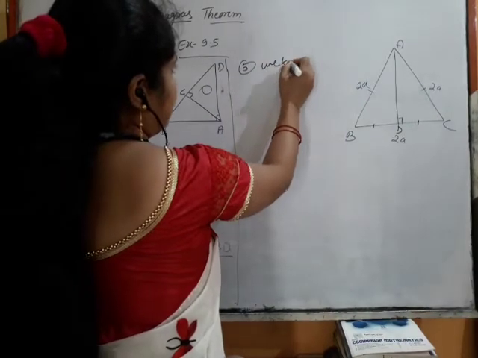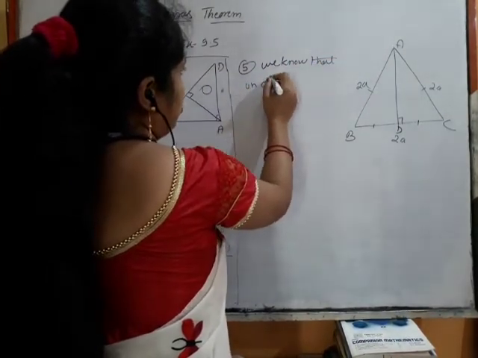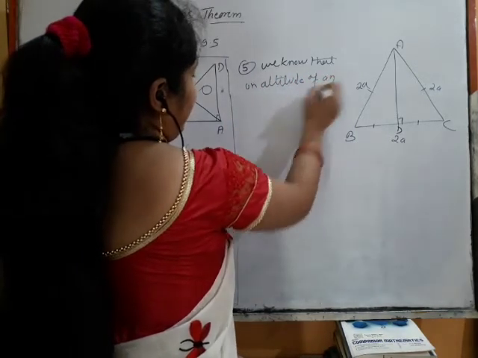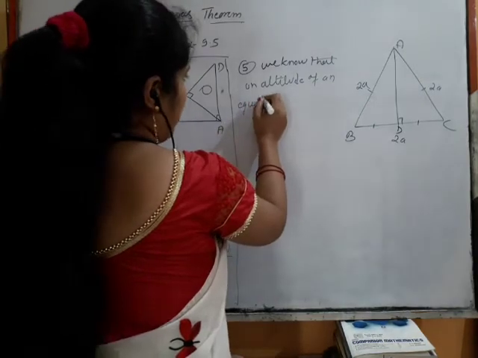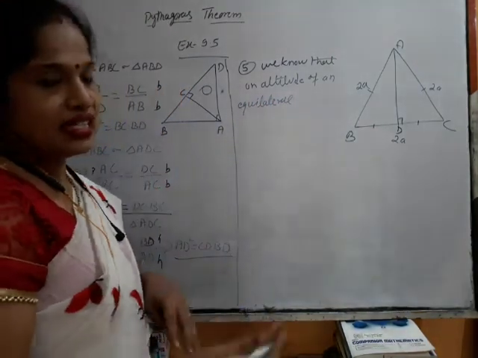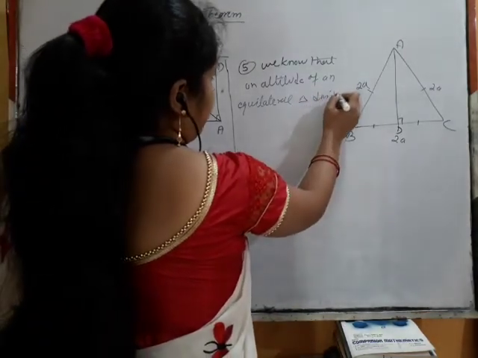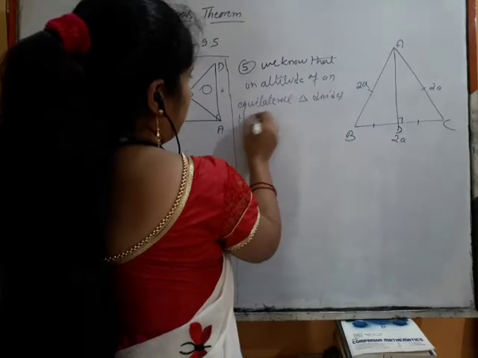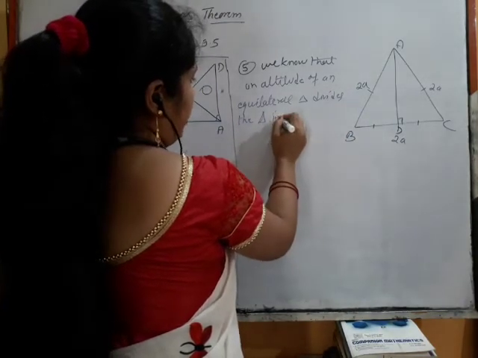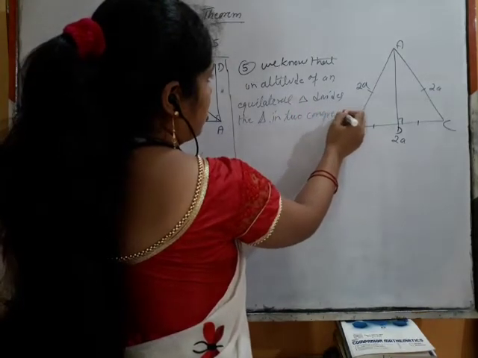We know that an altitude of an equilateral or isosceles triangle, for both it is true, it is true for equilateral as well as isosceles, divides the triangle into two congruent triangles.